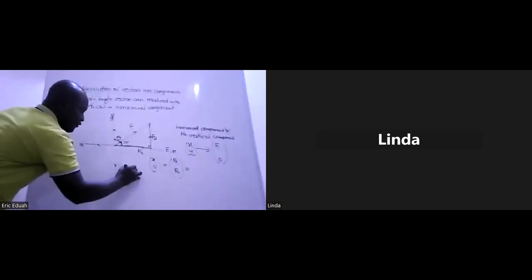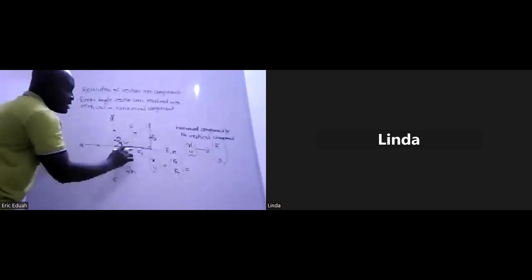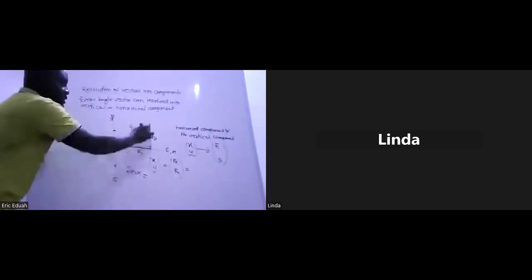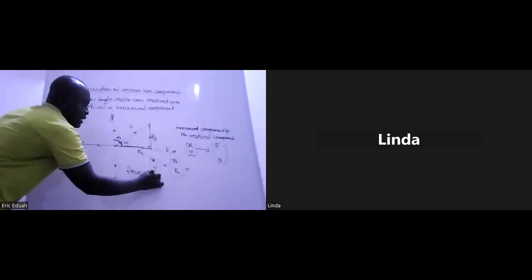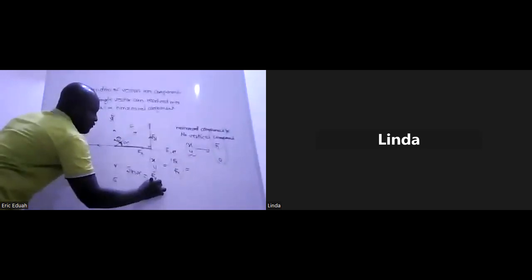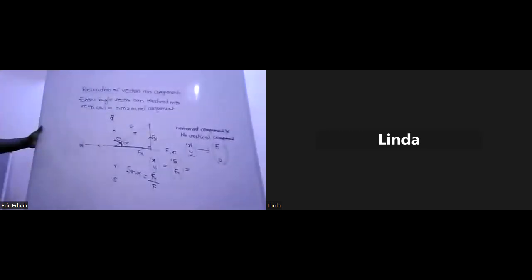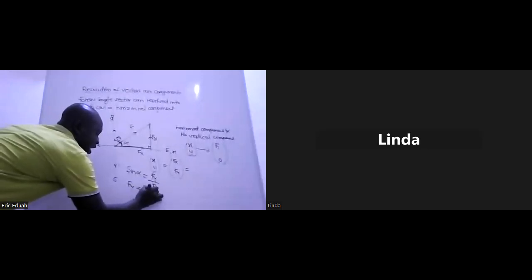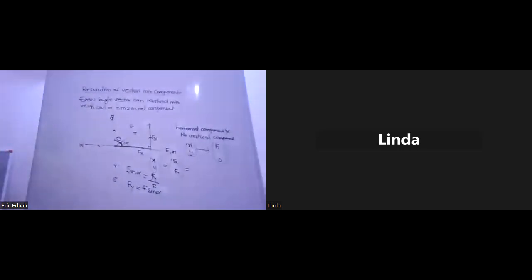So sine of the angle alpha must be equal to the opposite, which is Fy, over the hypotenuse F. Therefore, Fy is equal to F sine alpha.